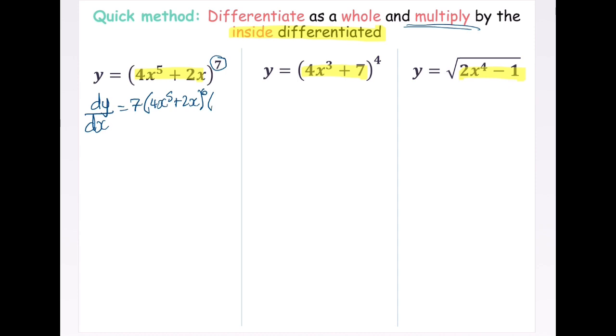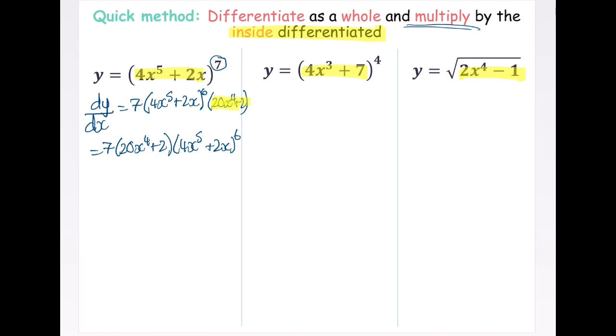So what's the inside differentiated? 4x to the power 5 becomes 20x to the power 4 plus 2. So let's tidy that up. What do we get? 7 times (20x to the power 4 plus 2) times (4x to the power 5 plus 2x) all to the power 6. Okay, so this yellow bit there was my inside differentiated.